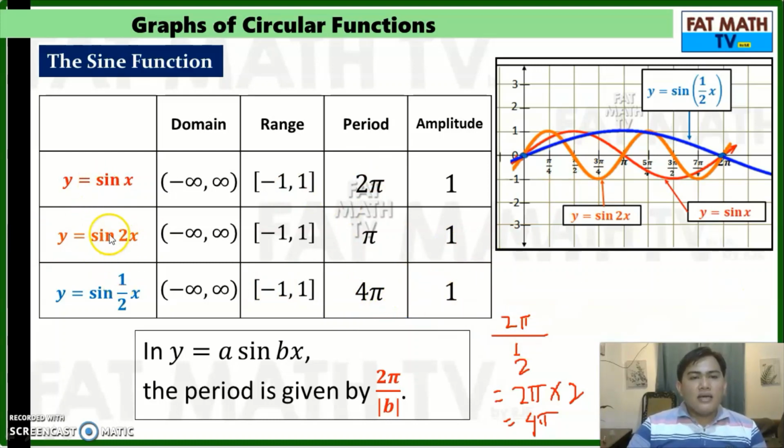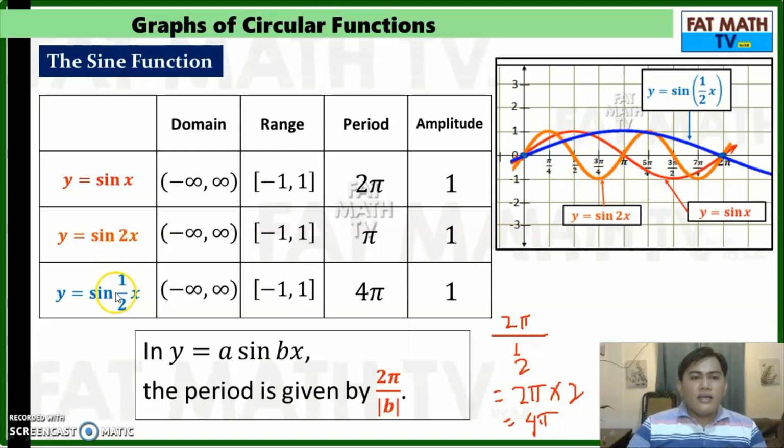So remember that if you have a number here before the x, the change that it will create on y equals sine x is it will change the period of the function. If the number here is greater than 1, it will create a horizontal shrink.